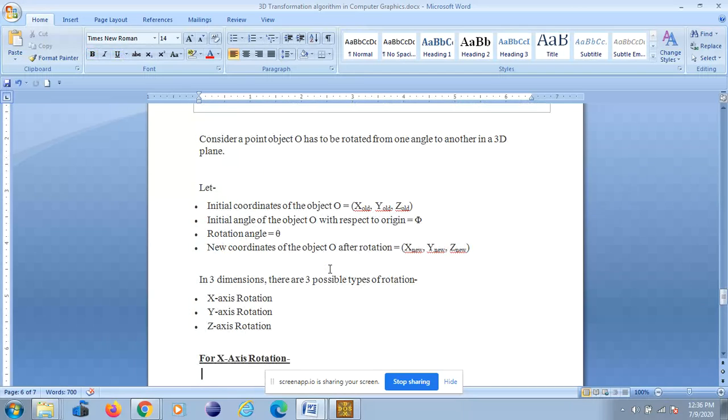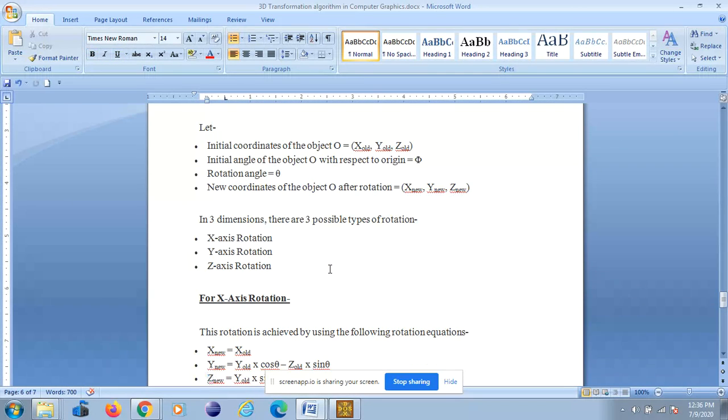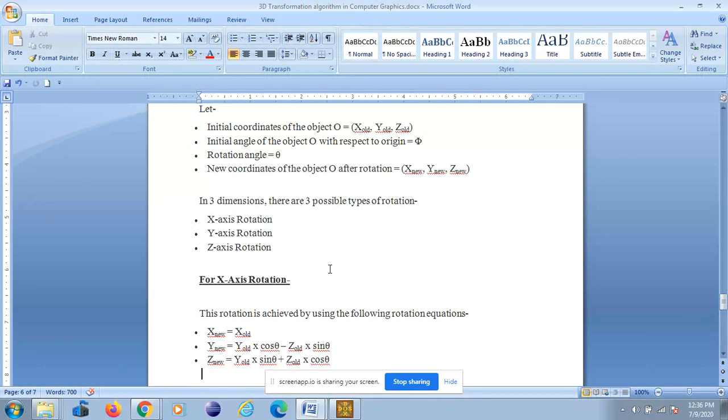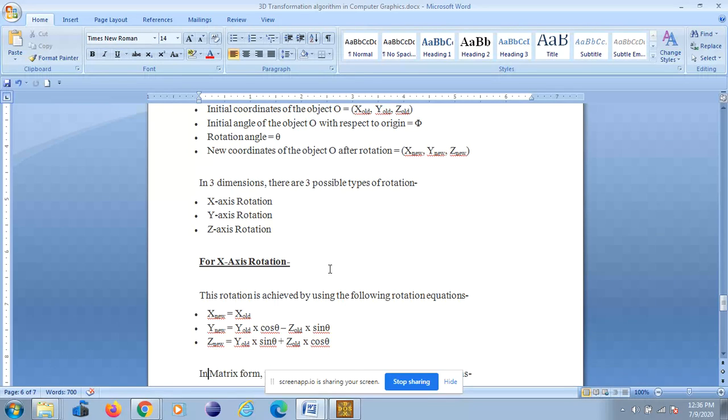So how will you achieve axis rotation? For rotation you have some rotation equations. x new equals x old, meaning the x value of the new and the old will be the same; after rotation the x coordinate will not change.